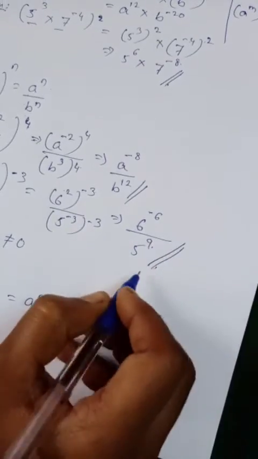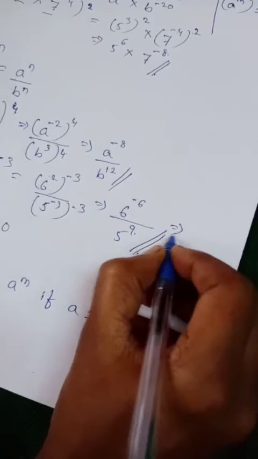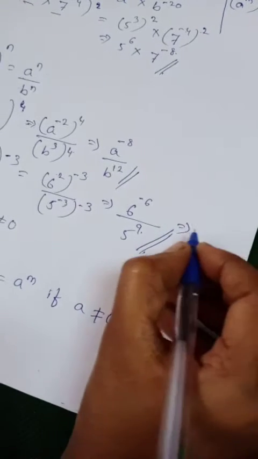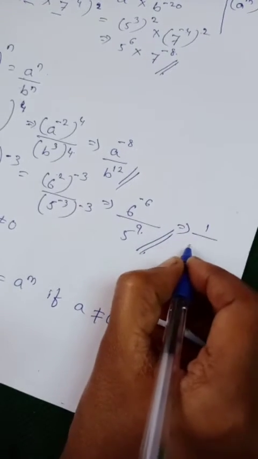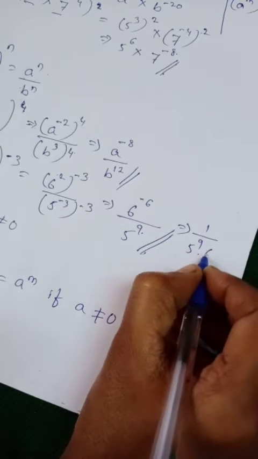So this is the answer, or else you can write this one as 1 upon 5^9 · 6^6.